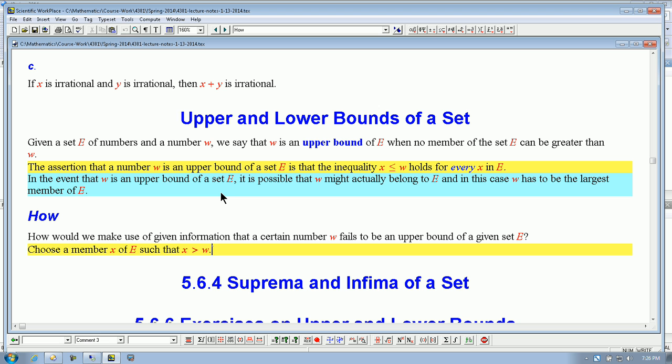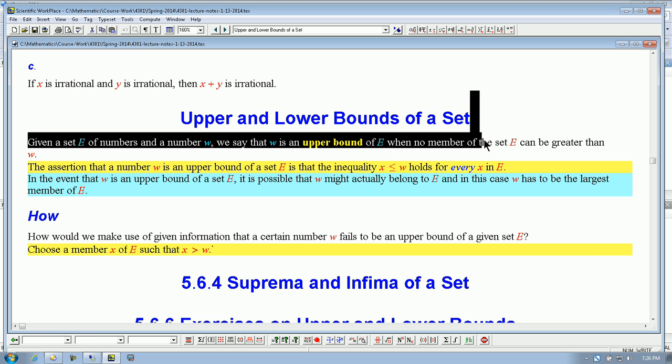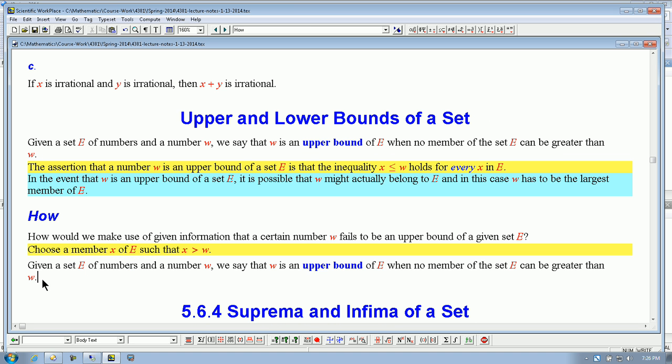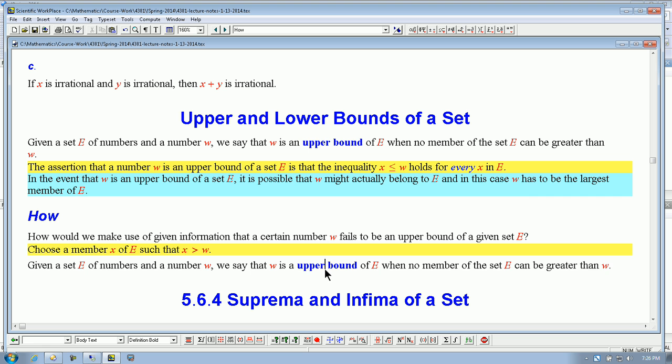All right. Now, what about the idea of lower bound? Given a set E of numbers and a number W, we say that W is a lower bound of E when no member of the set E can be less than W, right?